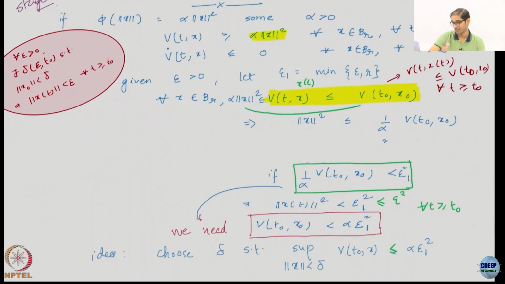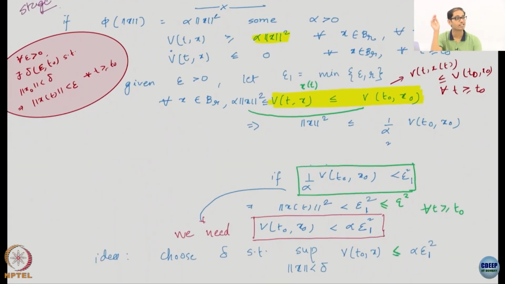Now what do I want? I will already state what I want, forget proving it in that linear way. I do not like to do this linear proof, because nobody can follow why I did those steps. Now it is easy to follow. If this guy is less than epsilon 1 squared, I am done, because then I have norm x squared less than or equal to epsilon 1 square.